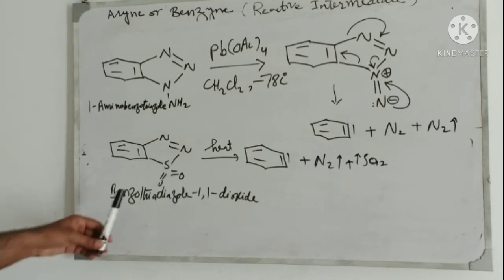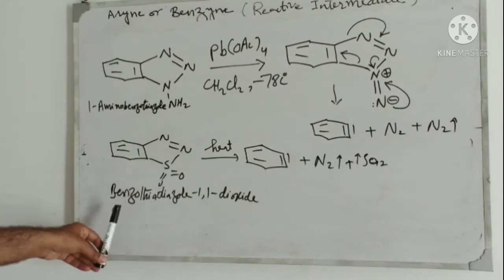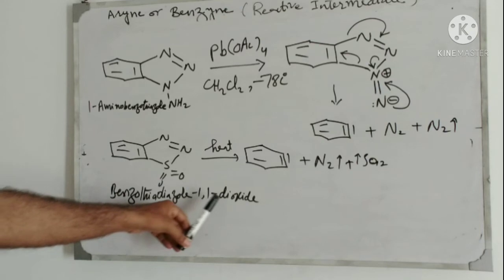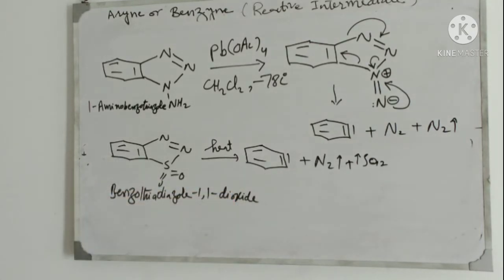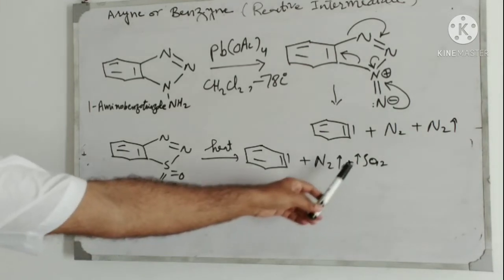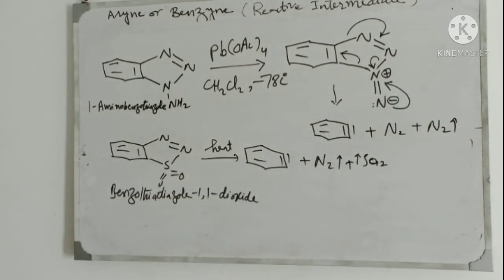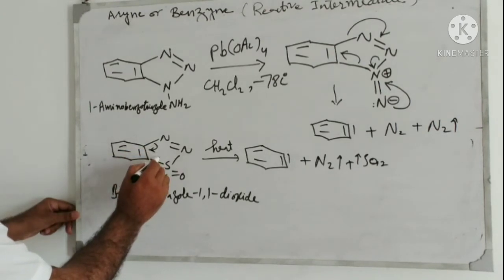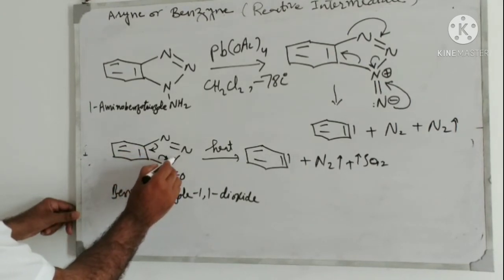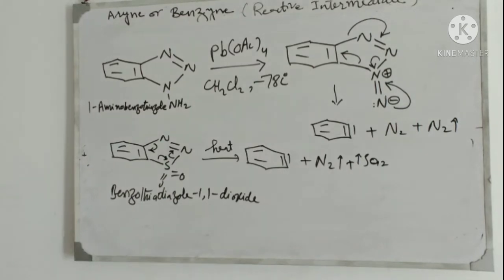So it's also thermal decomposition of benzothiadiazole 1,1-dioxide that results in formation of the benzyne intermediate, and nitrogen gas and sulfur dioxide gas are eliminated. So this is another method to generate the ortho-benzyne intermediate.